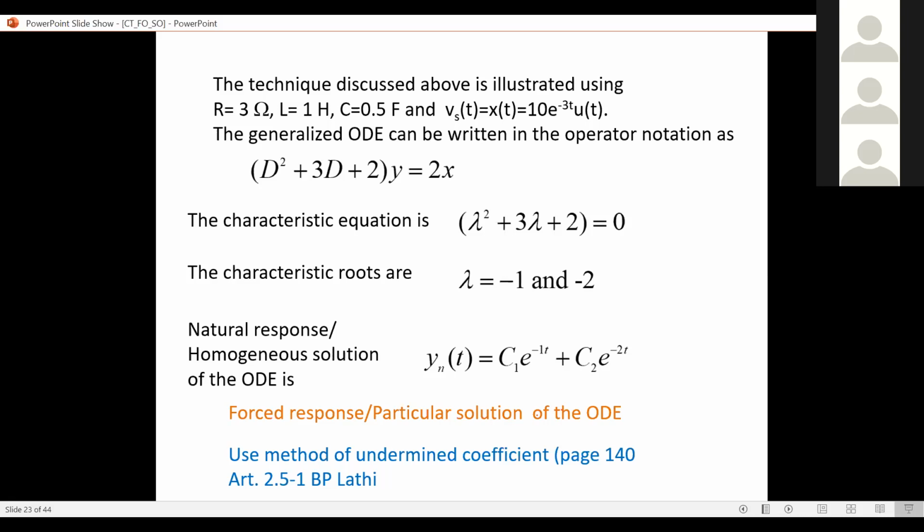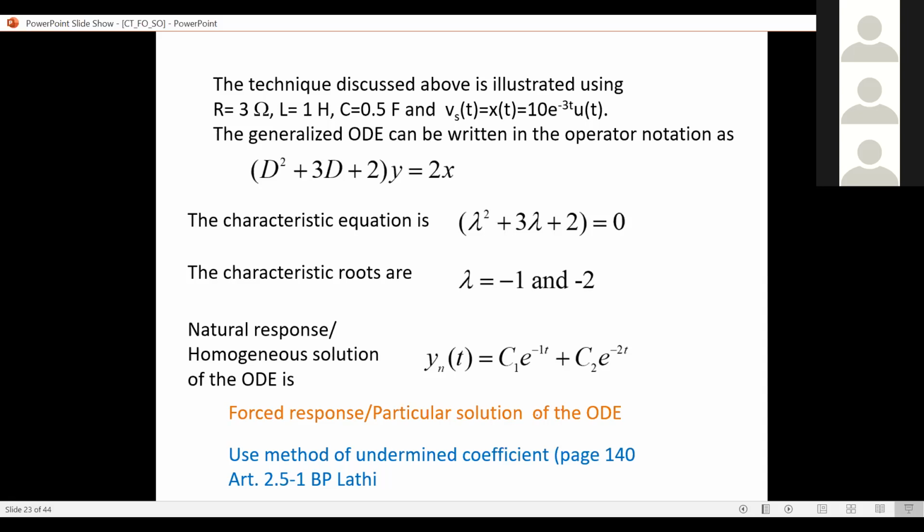When your input is a delta, then the Laplace transform of your input would be equal to 1. As a result, your output would be equal to H(s), and this H(s) is called the transfer function. And when we take the inverse of this transfer function, you will get your impulse response in time domain, okay. So when nothing is mentioned, you can apply any one technique which is comfortable to you, okay? Yes, sir.